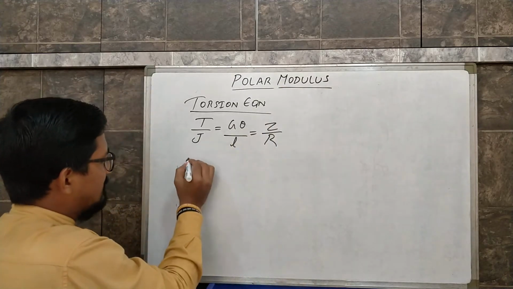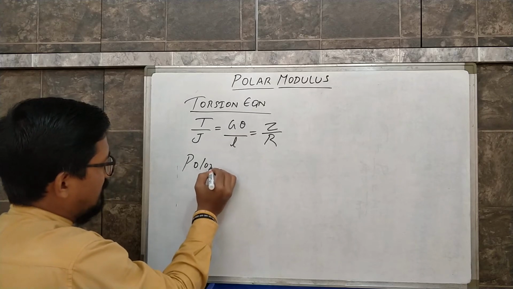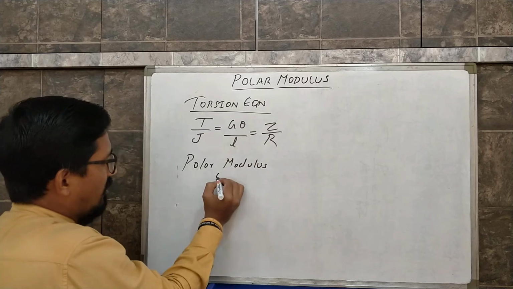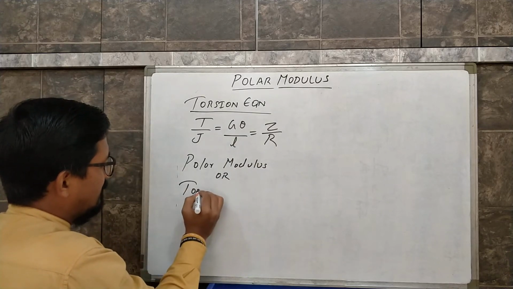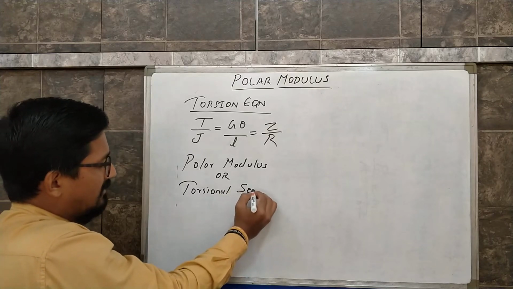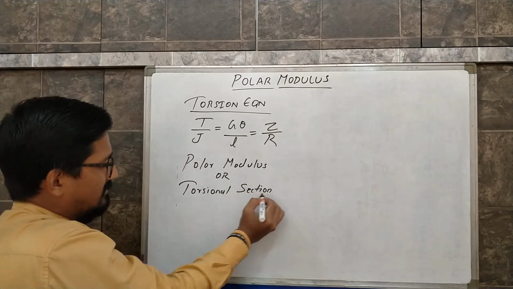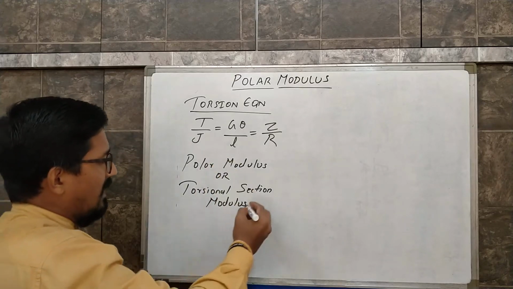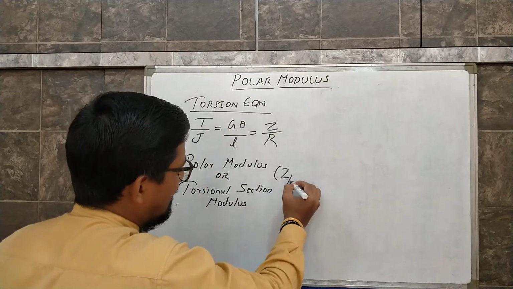So polar modulus, or it is also called torsional section modulus, is denoted by capital ZP.